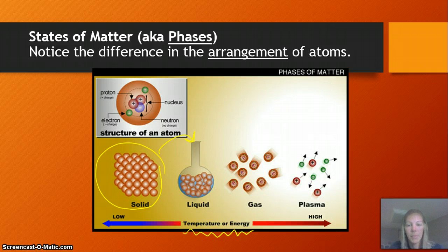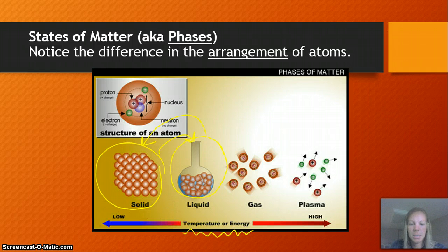If we take water, which is two elements combined, hydrogen and oxygen, in its form at room temperature, it is liquid form. If we stick it in our freezer, then we can create ice cubes. So we are lowering the temperature and creating a solid out of it.